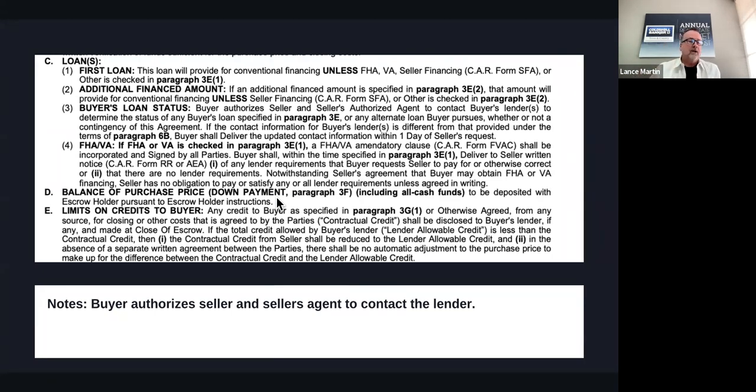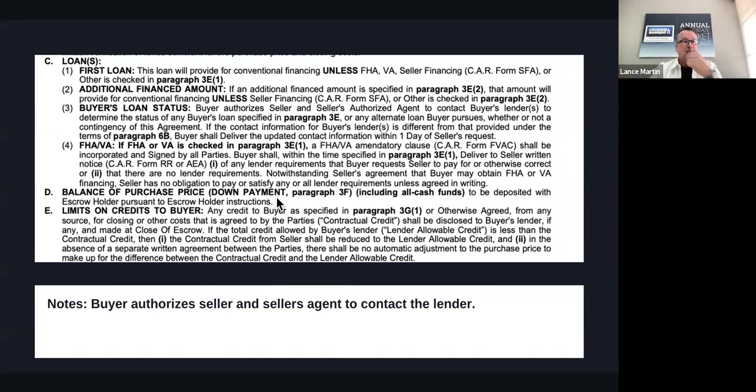Okay, limits on credits to buyer. We discussed this back on page 1, and if you were really paying attention, I said we're going to address this later on in the contract. This is that later on in the contract. So if on page 1 or anywhere in the contract, buyer and seller agreed, seller agrees to pay 5% of the loan amount to be applied towards buyer's closing costs.